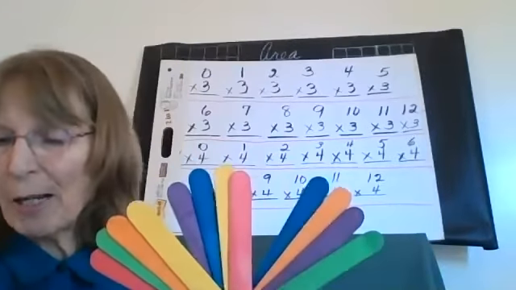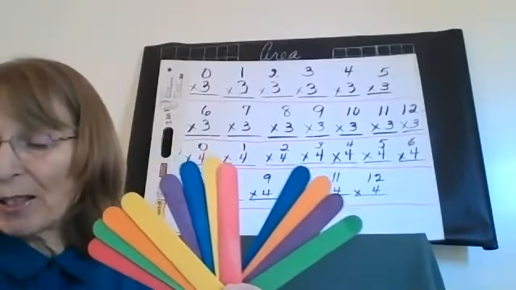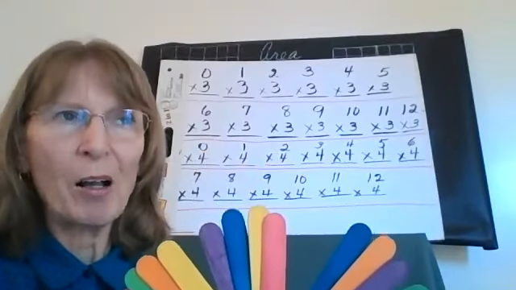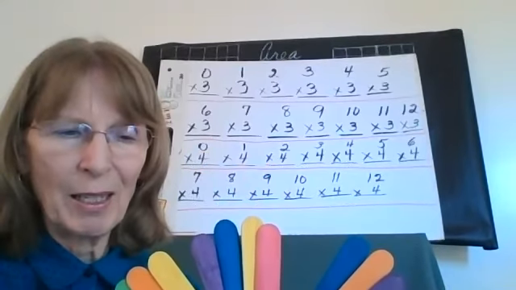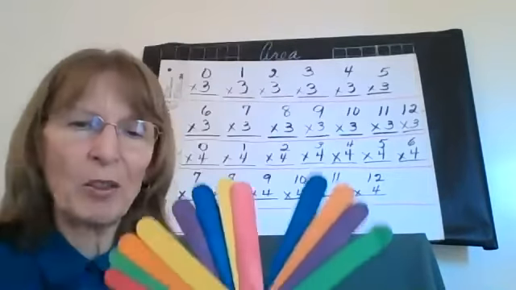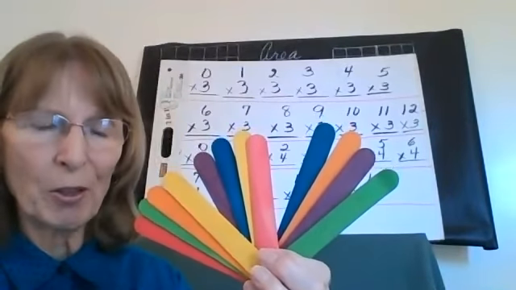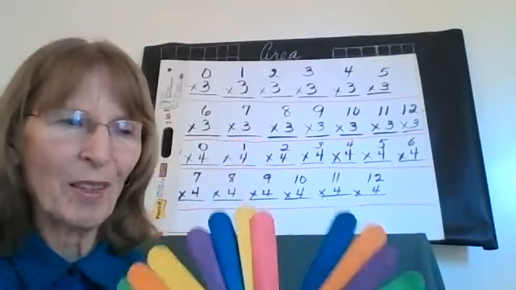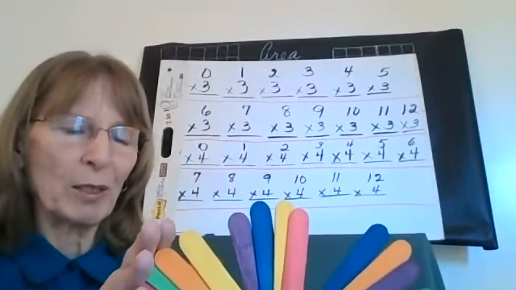Here's an example. Here's what I wanted you to find. What is 1/3 of 12? Well, here's 1/3 of 12, and how many are in that 1/3? There's 4 sticks. 4 and 4 and 4.